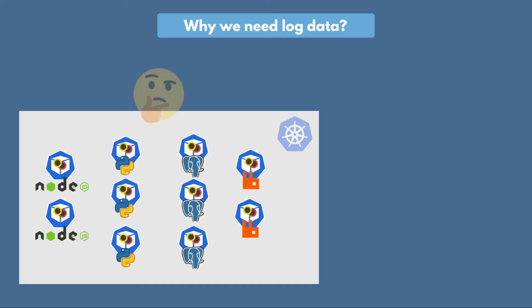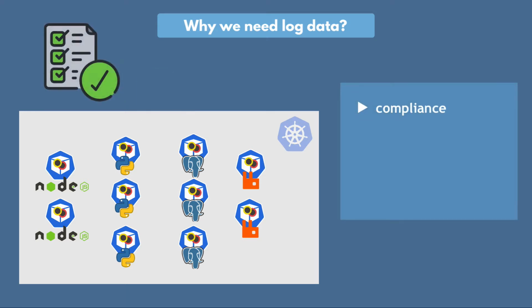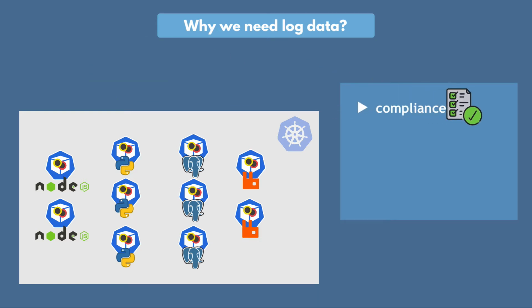Now, what are some of the information these applications are logging, and why do we need this log data? This may be some compliance data, for example, if you're required to log some specific information depending on your industry in order to be compliant.